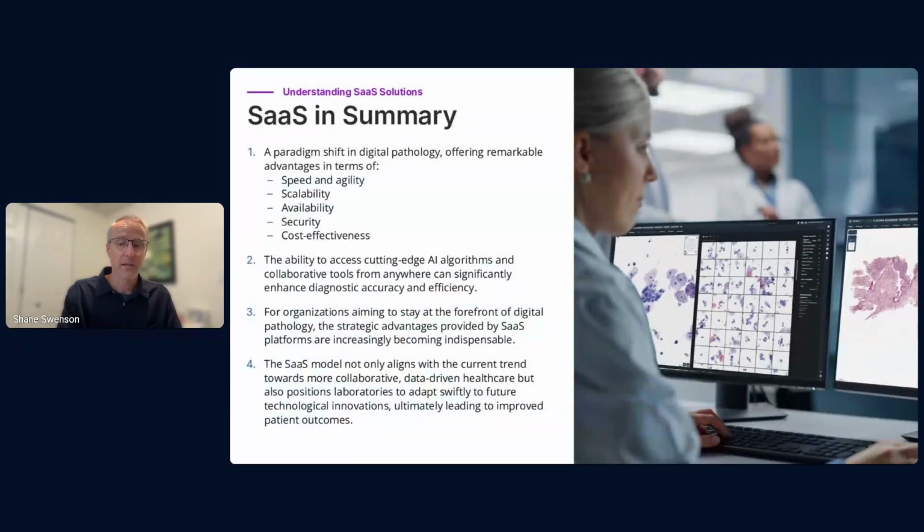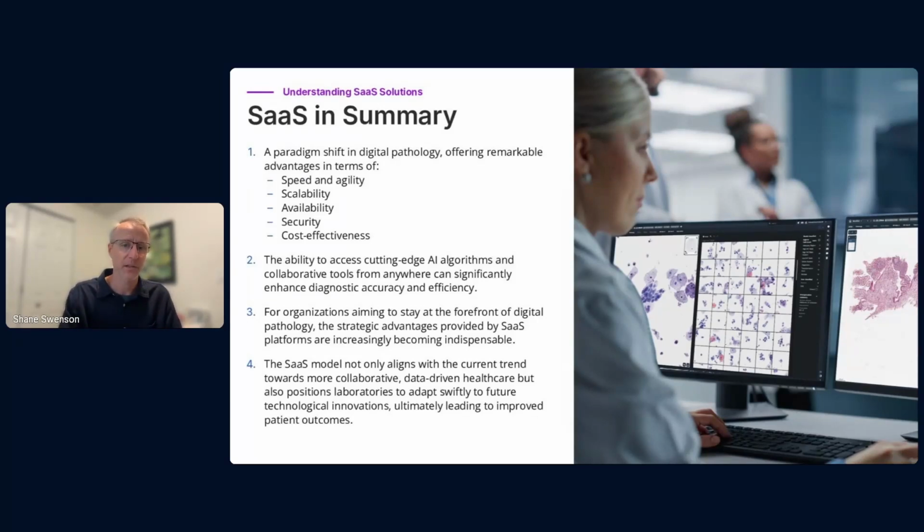So in summary, when we look at SaaS, software as a service, we're really looking at a shift towards agility and availability, scalability, while maintaining security and cost effectiveness. So the goal here is that this really does provide kind of the best user experience, the best patient value, and the best value to your business as well.